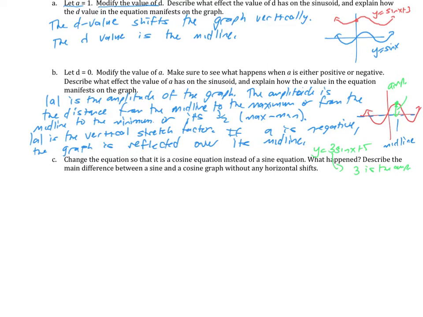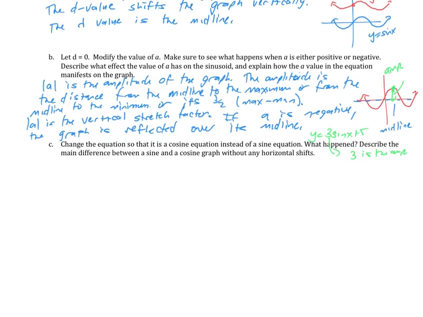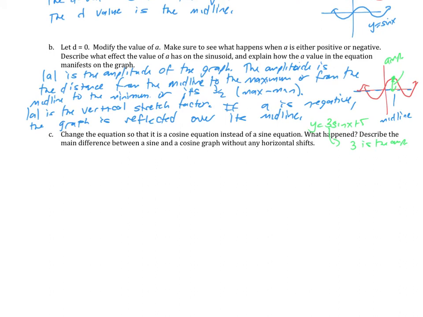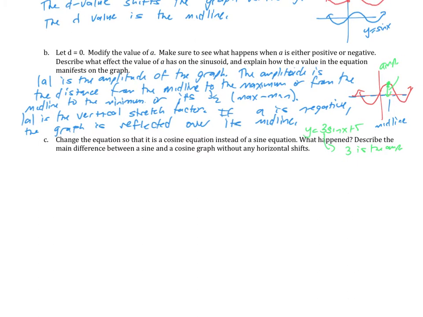Okay, letter C said, change the equation so that it is a cosine equation instead of a sine equation. What happened? Describe the main difference between a sine and cosine graph without any horizontal shifts. Okay, so we're not changing things left or right. We're only stretching them vertically or shifting them up or down. So I'm going to summarize. We have y equals a cosine x plus d.